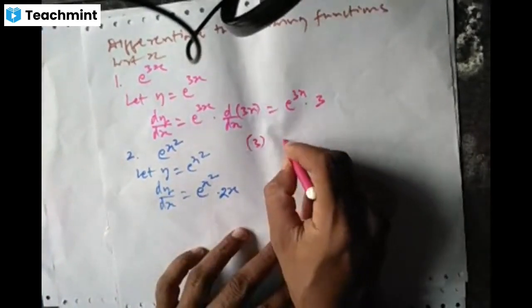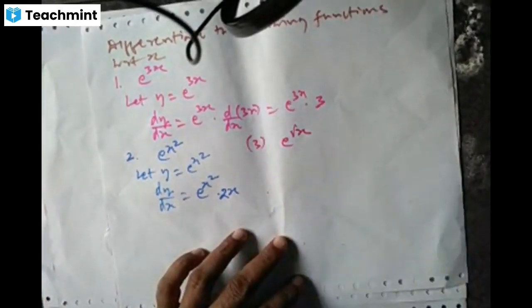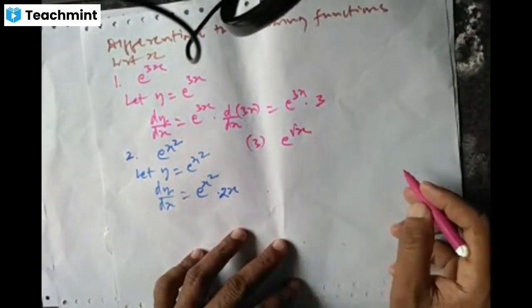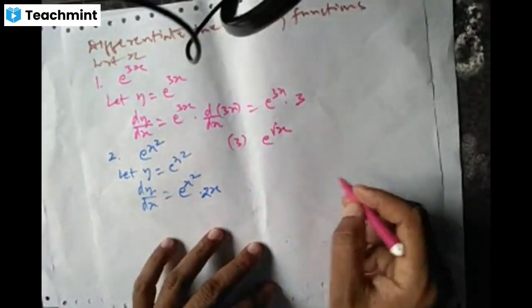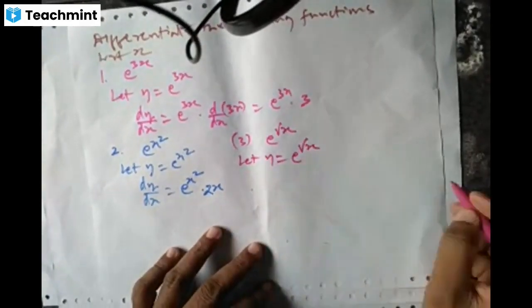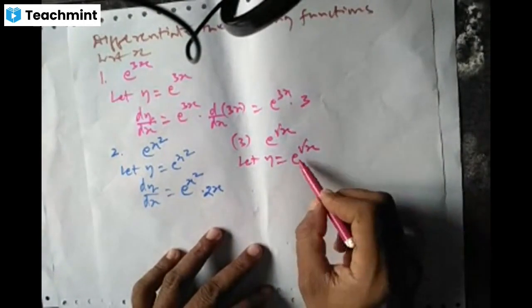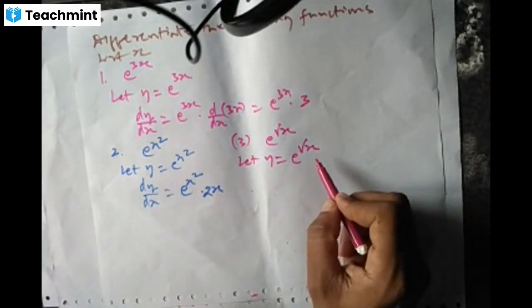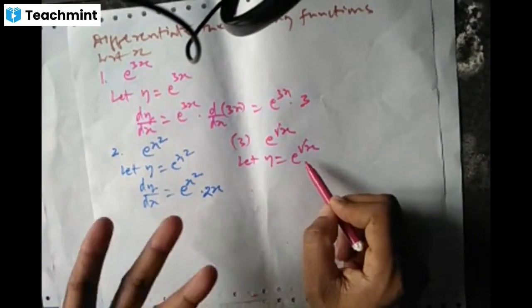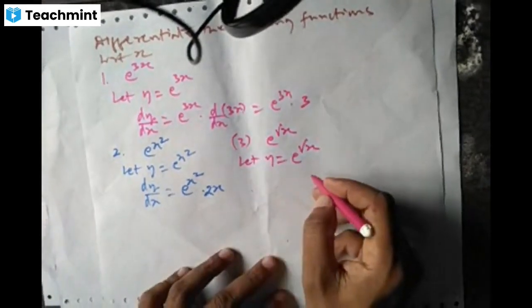Next, problem number 3. The given function is e power root x. We have to find its derivative. First we shall take the given function as y. Let y be equal to e power root x. Again, e power root x is a composition of two functions. One is the root x function, another one is the e power x function. So we have to use the chain rule.